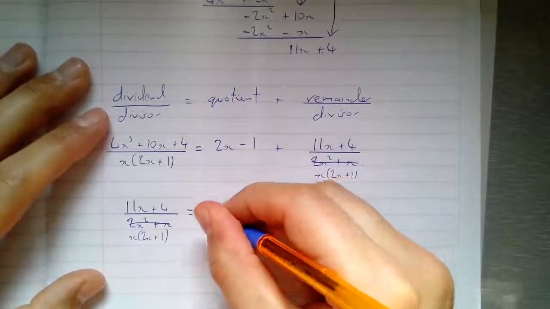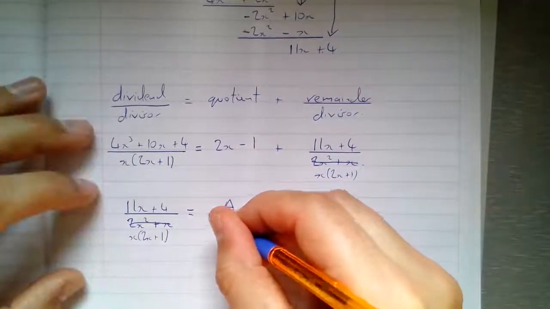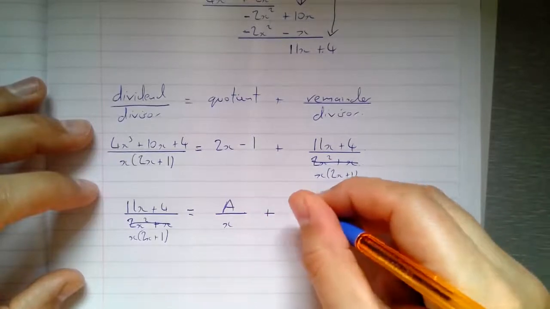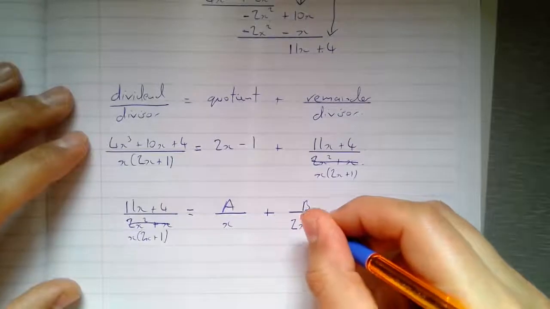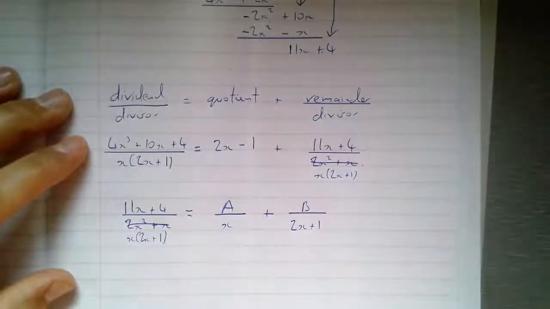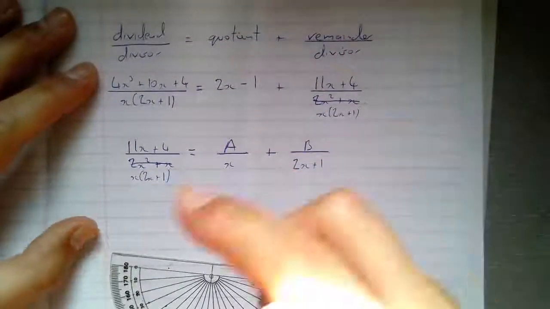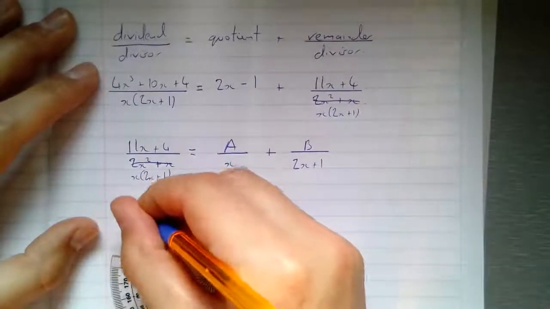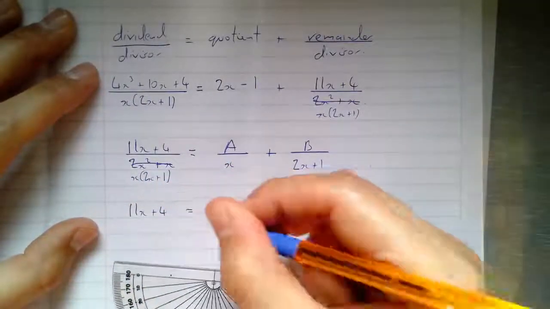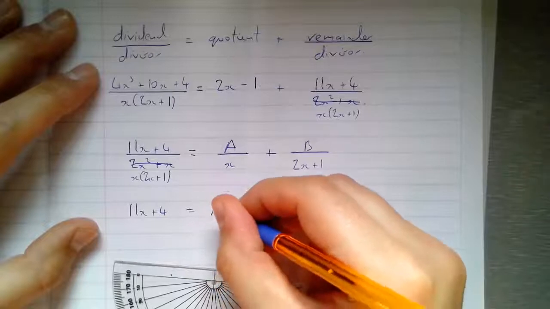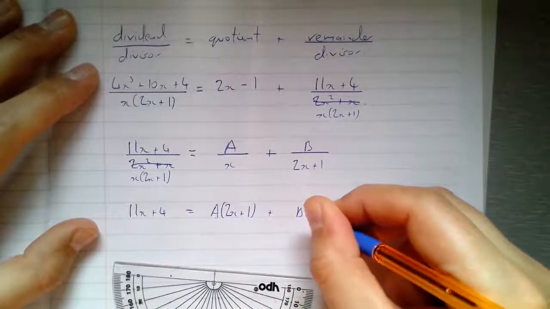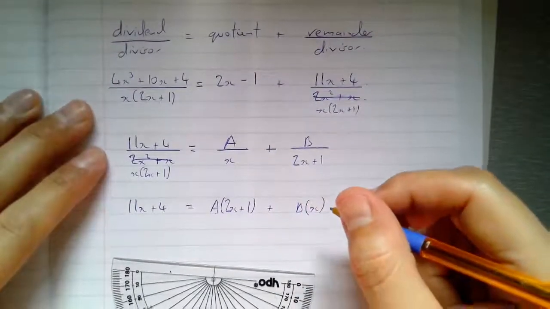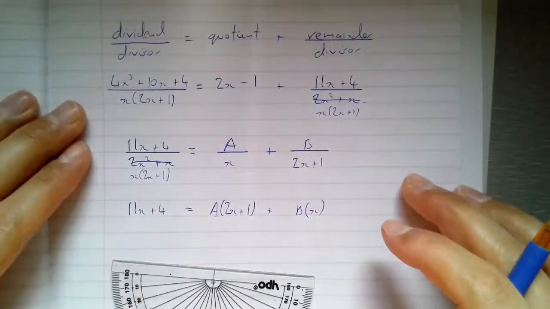So we've got A over the first linear factor, which is x, plus B over the second linear factor, which is 2x plus 1. If I times through by the denominator, I get 11x plus 4 is equal to A lots of (2x plus 1) plus B lots of x.